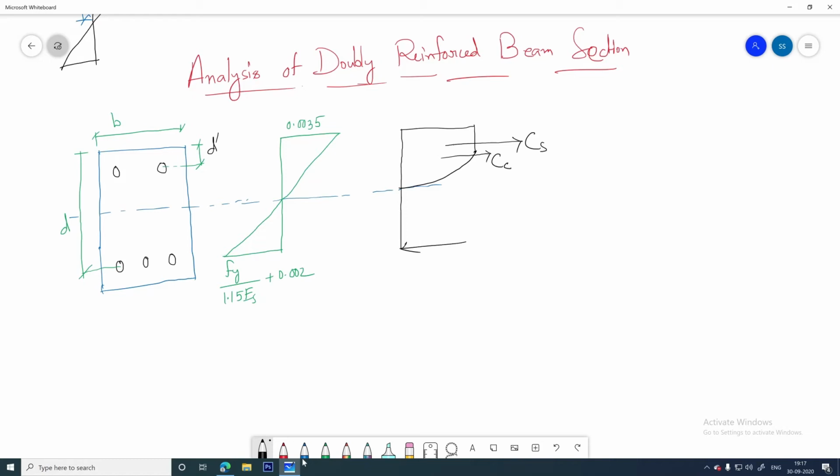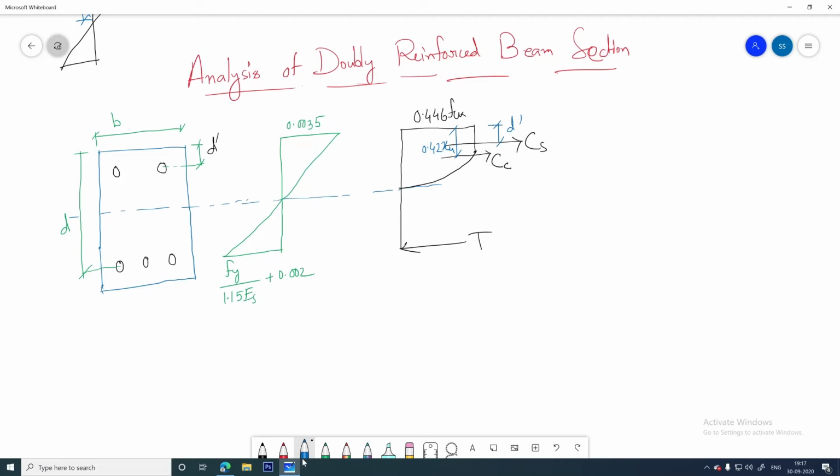Tensile force will be a single T. This is 0.446 fck, the stress value, and here this distance is d dash and this distance is 0.42 xu. Clear?